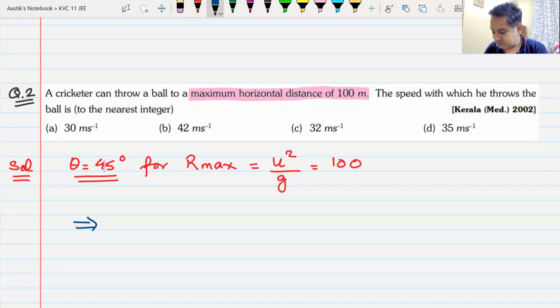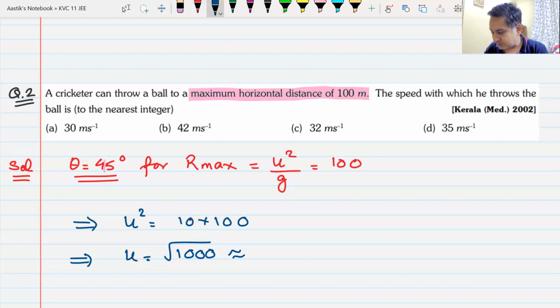That implies u square is g multiplied by 100. You can take g as 10. 10 multiplied by 100, that means u will be equal to the square root of 1000, which is approximately 31 point something. The nearest integer is 32.